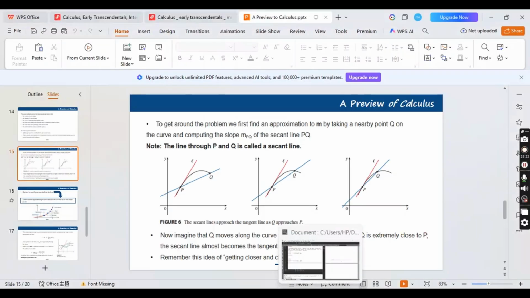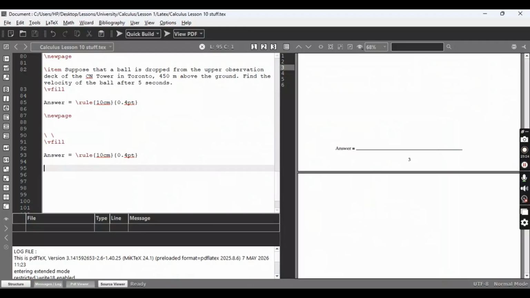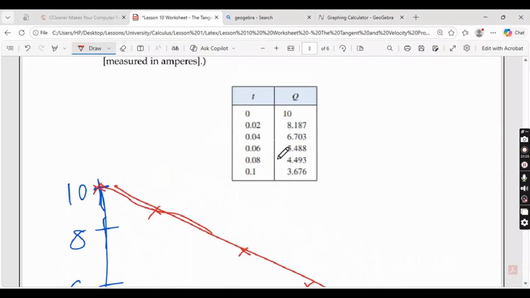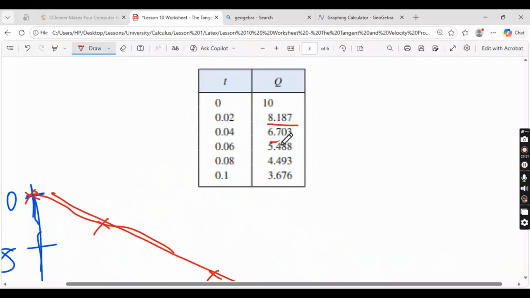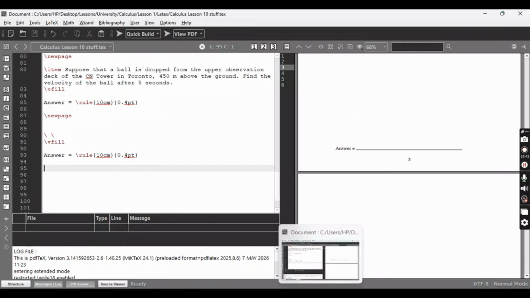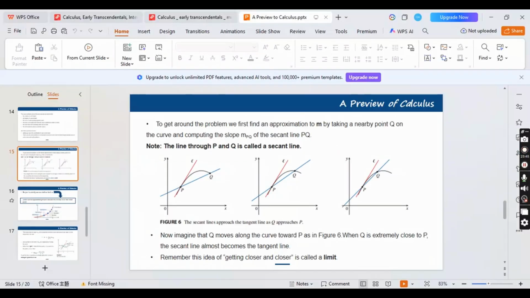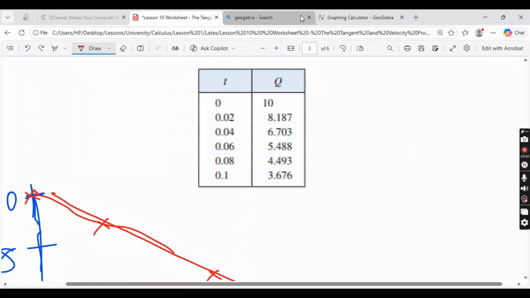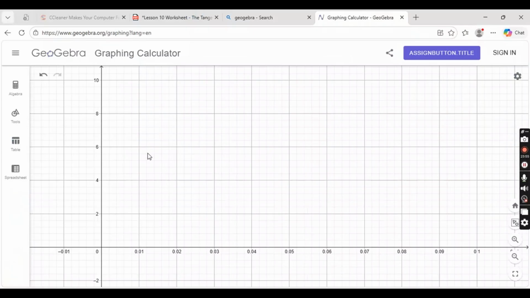from the question, from the number of decimal places that they have, it's quite accurate. So let's try it and see if it makes sense. So what's the first one? 0 and 10.